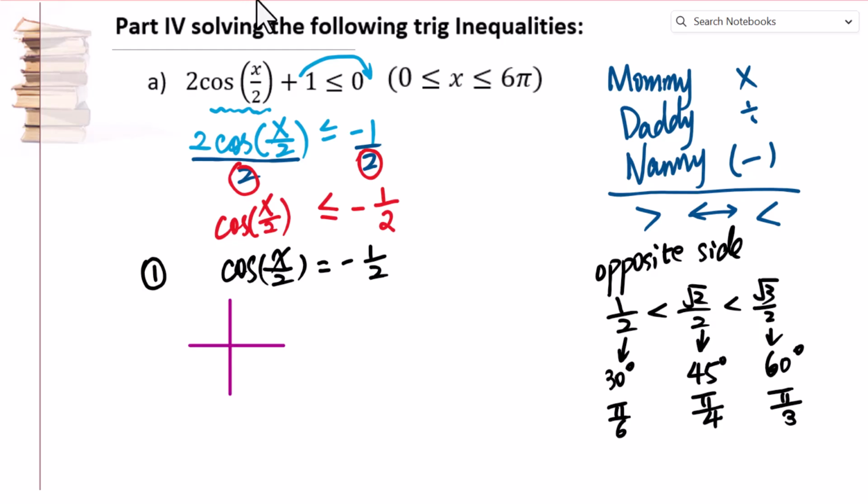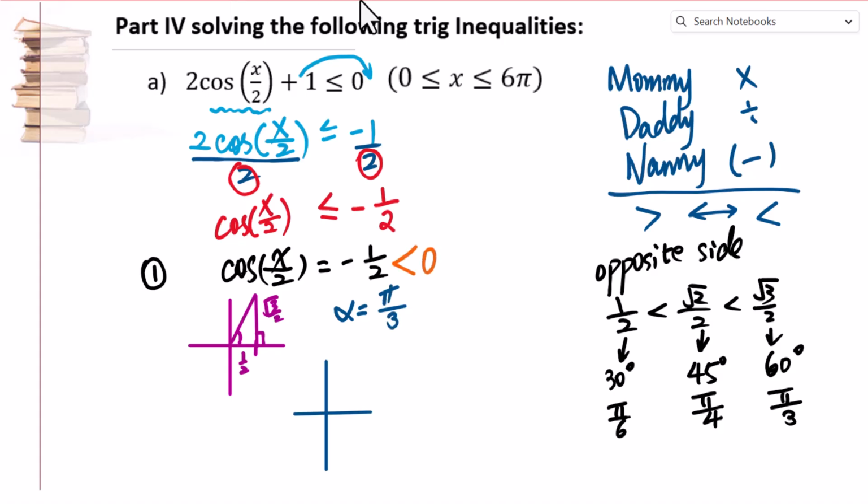We do know cosine is adjacent over hypotenuse, 1/2, which means the opposite side is square root 3 over 2. So we can figure out the reference angle is pi over 3.